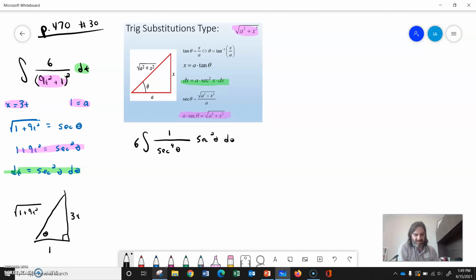So I have a secant squared on top and a secant to the 4th on bottom. If I clean that up, I'll have 6 times the integration of 1 over secant squared, but secant squared on the bottom comes up as cosine squared.